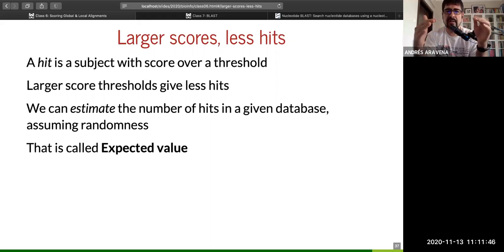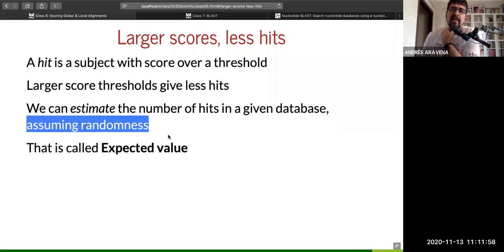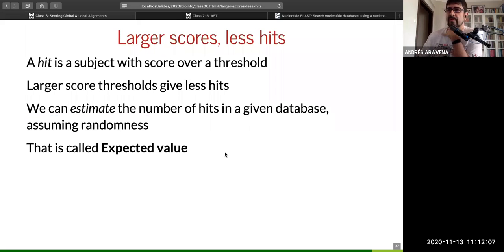If the score is higher, I will have less and less probability of having a hit with that higher score. So the big hypothesis here is that you are comparing your alignment, assuming that the database is not biological, it's just random.